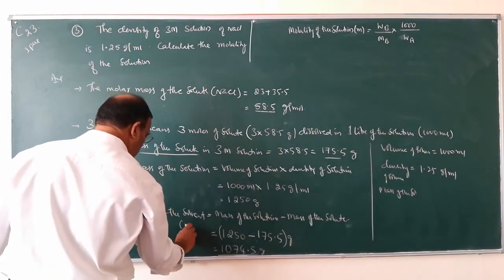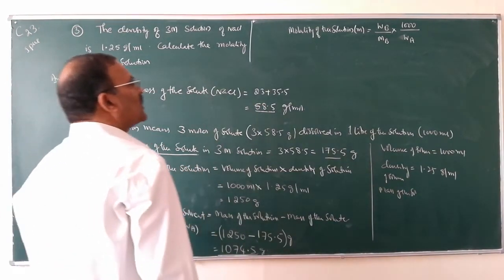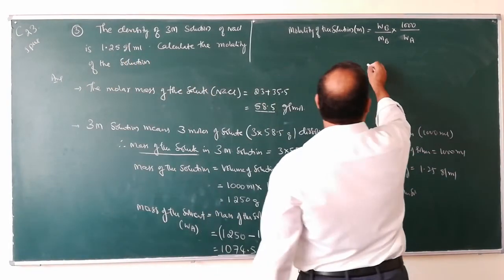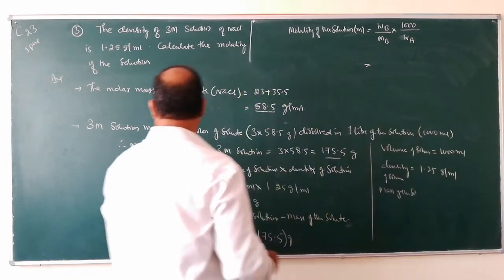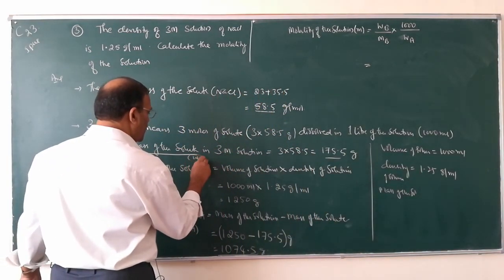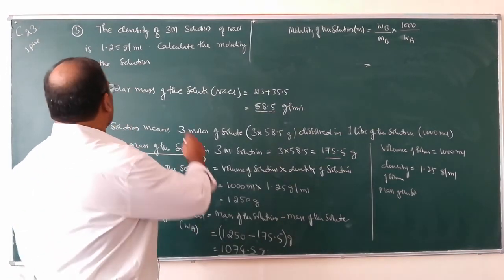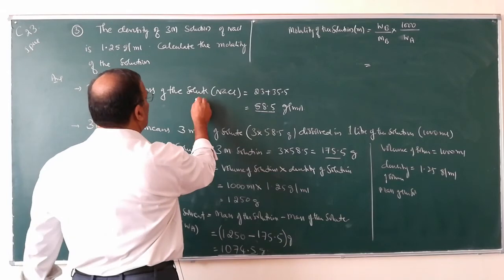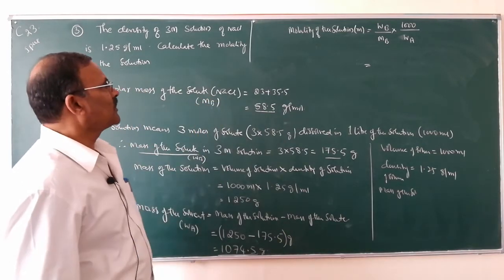So this is WA, weight of solvent. So what is weight of solute? WB. Mass of the solute is equal to WB, and molar mass of the solute is MB.